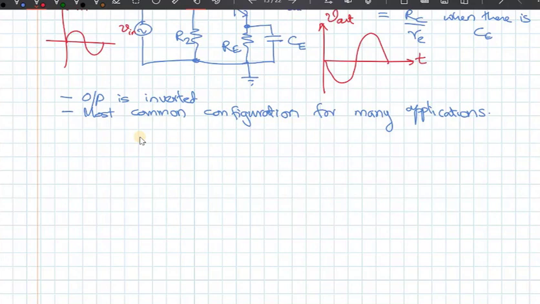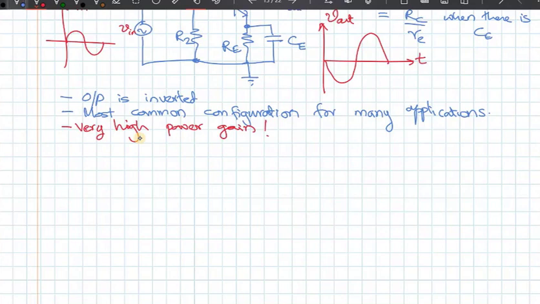This is an example of a very high power gain. So this is why it is used in many applications. This is our first amplifier configuration.